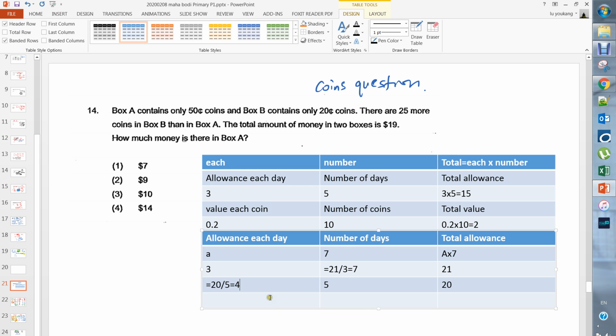So similarly, let's say I don't tell you the allowance each day. I will tell you number of days is B. Total allowance is 30. So how do you get allowance each day? 30 divided by B. Very good.